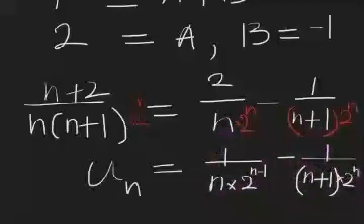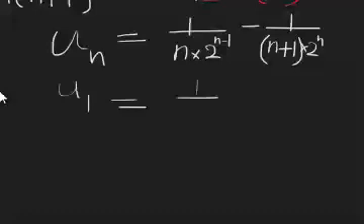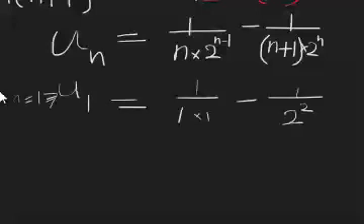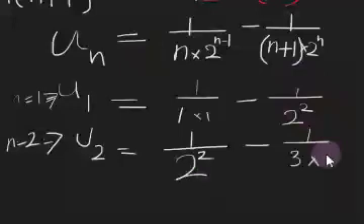When n is equal to 1, u sub 1 is equal to 1 over 1 times 1, minus 1 over 2 to the 2 squared. When n equals 2, you get u sub 2: 1 over 2 to the 2 squared, minus 1 over 3 times 2 squared.